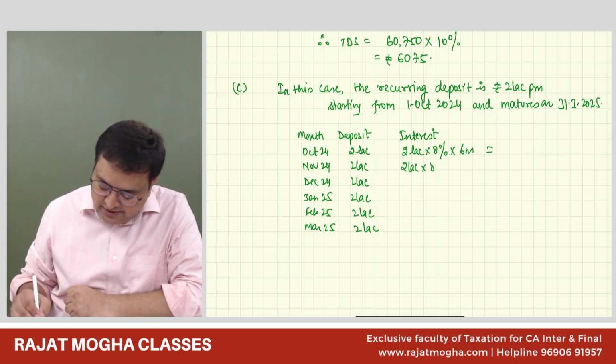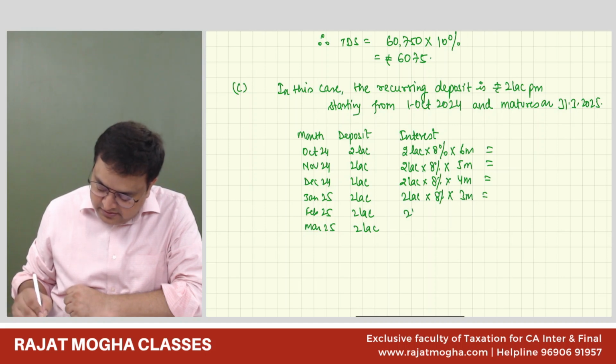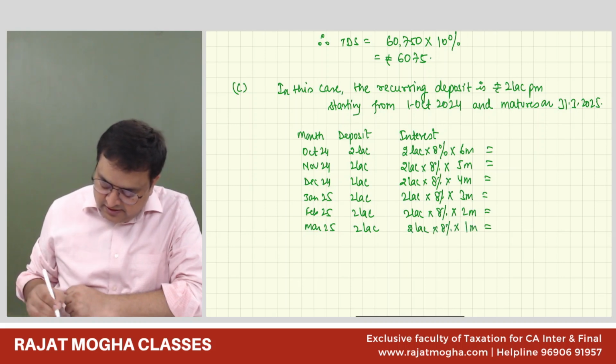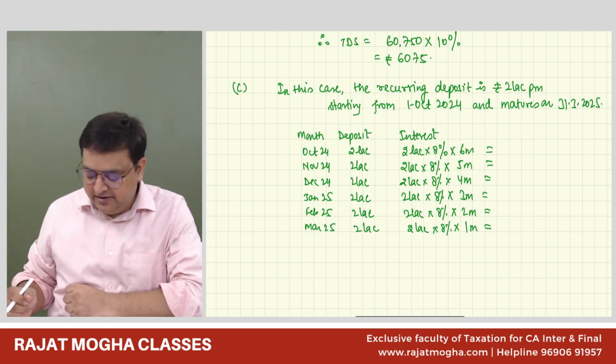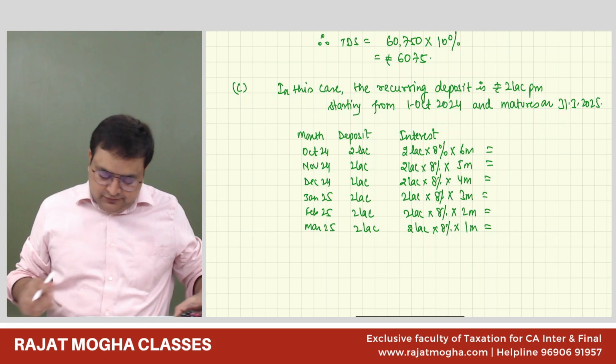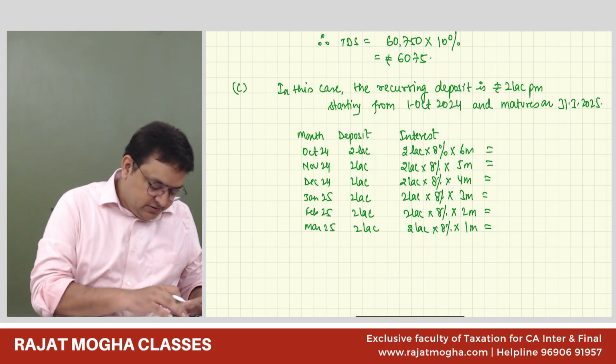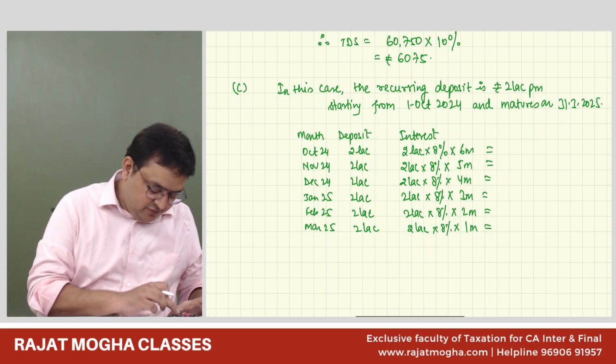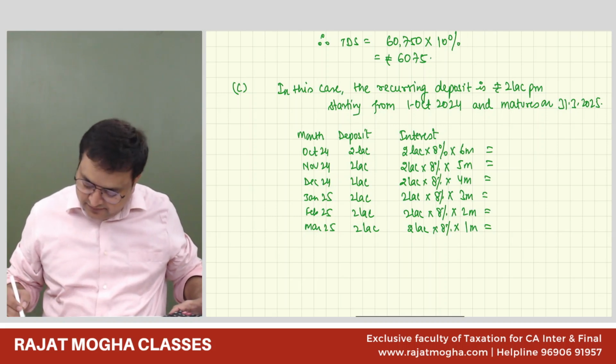This would be 2 lakh into 8% into 5 months, 2 lakh into 8% into 4 months, into 3 months, into 2 months, and 2 lakh into 8% into 1 month. He must have deposited on 1st March, and 31st March it will actually mature. So 2 lakh at 8% for 1 month, divided by 12, the total amount.